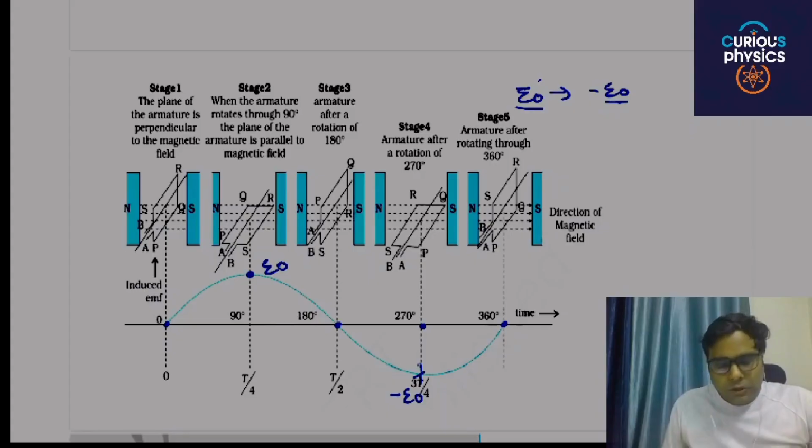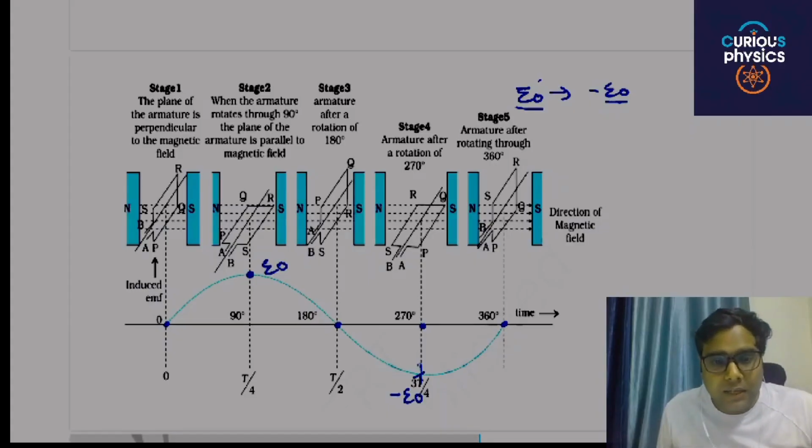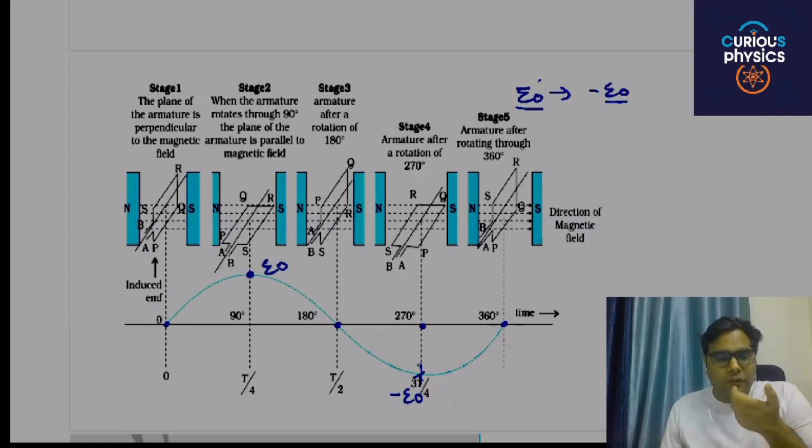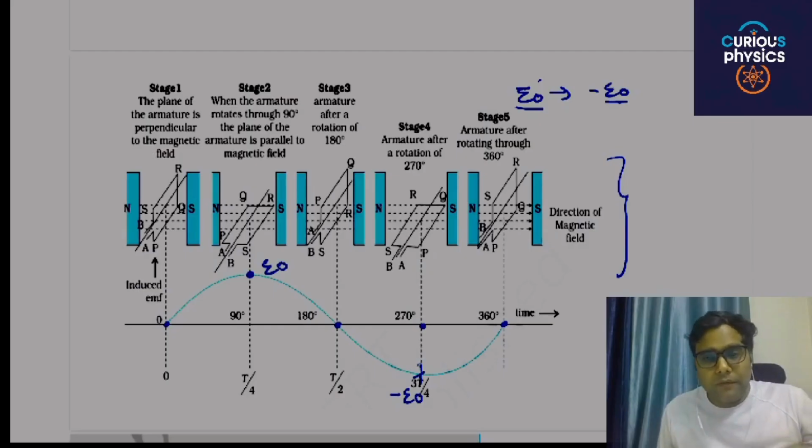That's why the name is alternating current. Alternating current means that in the first half the value is positive and in the second half the value is negative. In reality, this kind of current or induced EMF is generated practically by thermal power plants, hydropower plants, as well as nuclear power plants.